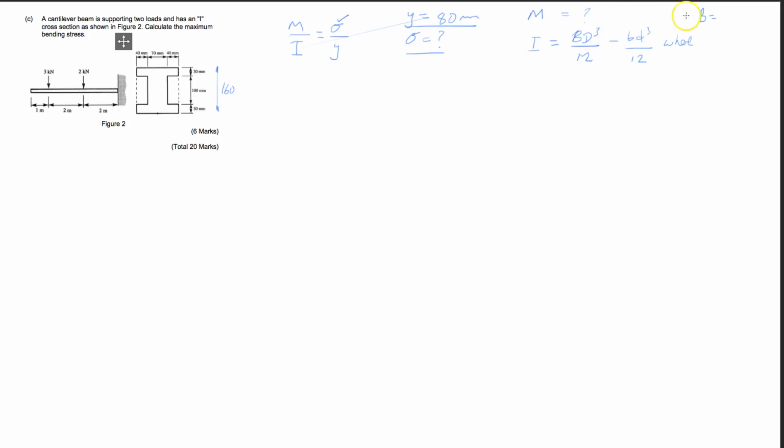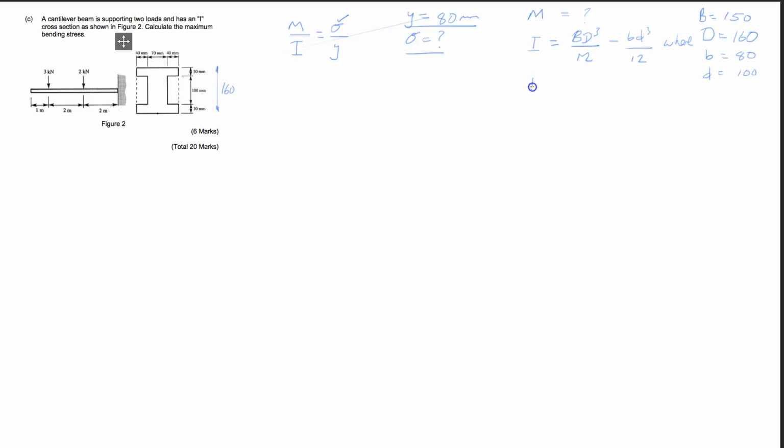That's 150. Big D, we've already worked out, is 160. Little b, we said, was 40 add 40, which is 80. And little d, little depth, is 100.